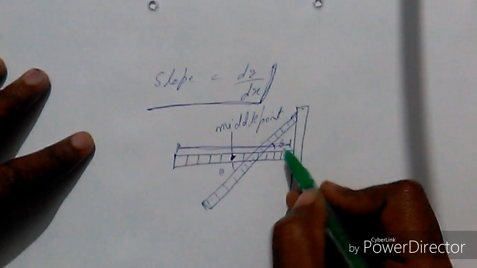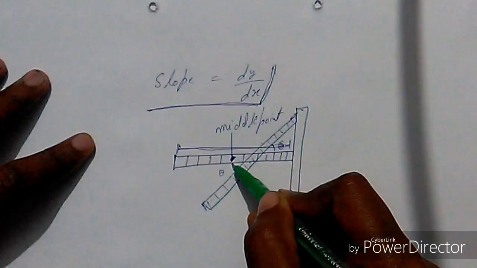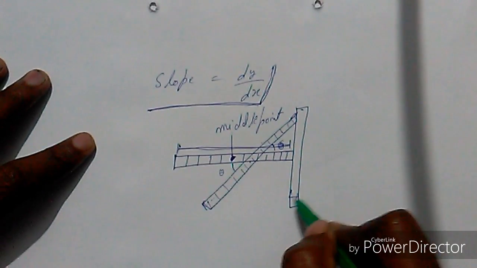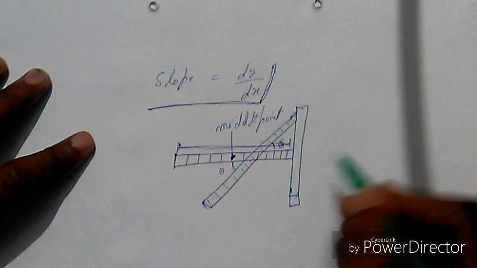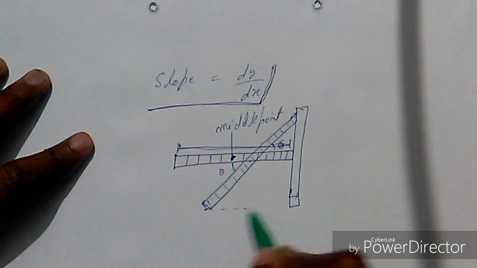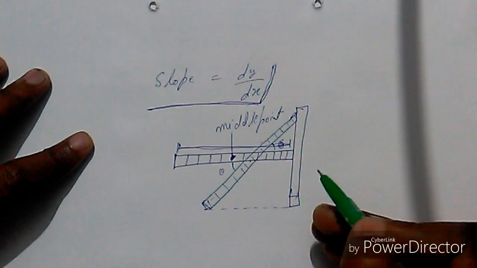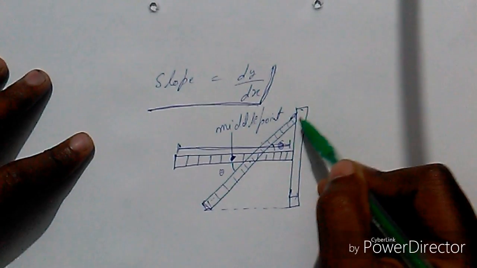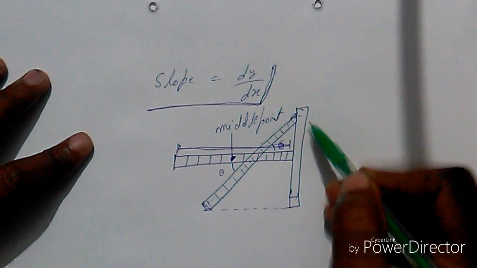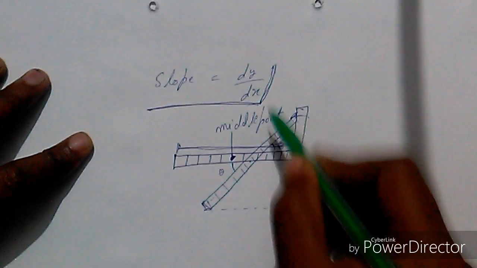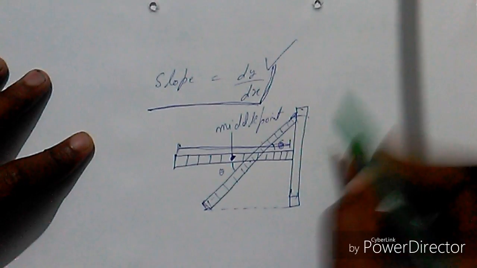A small change comes that we show by the angle, and we calculate how much change in the position of the ladder by dy by dx.